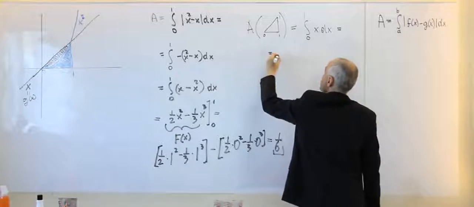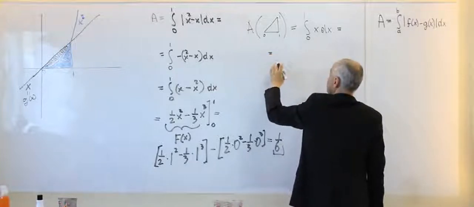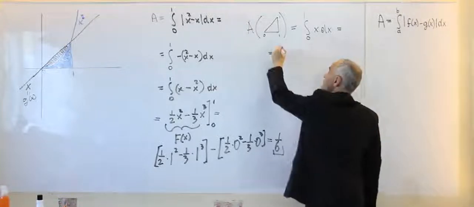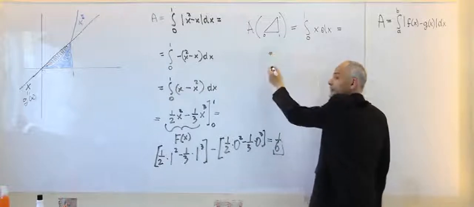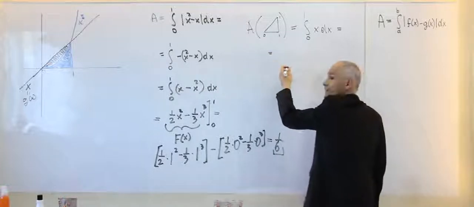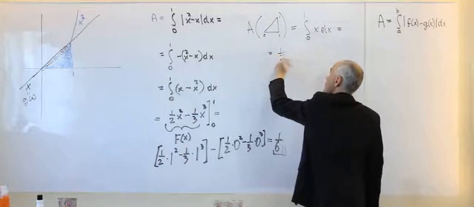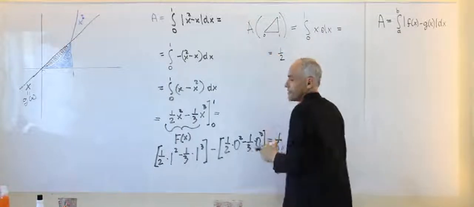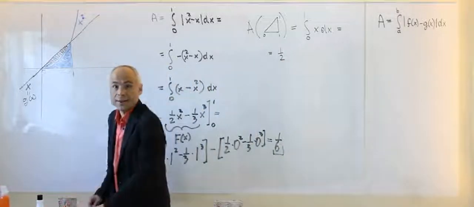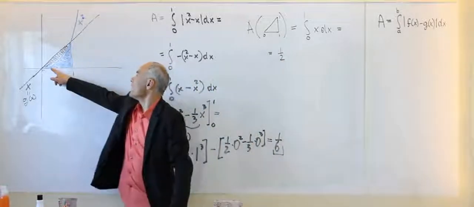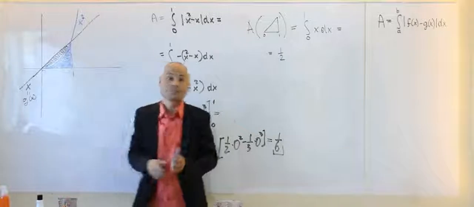So this is, what is that? 1/2 x squared evaluated at 1 minus 1/2 x squared evaluated at 0. So that is 1/2. Now we evaluate the area under the parabola x squared.